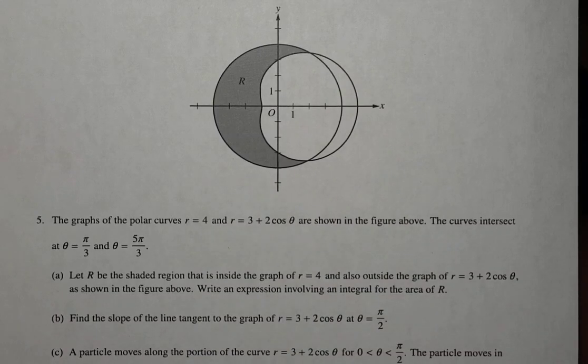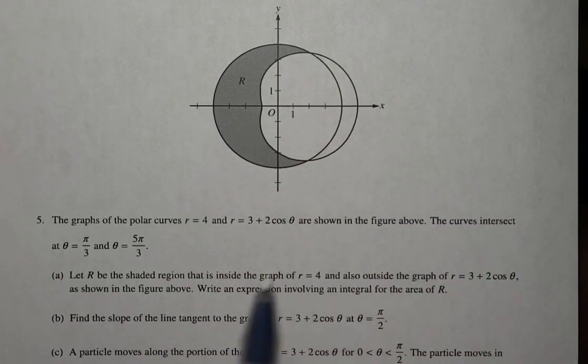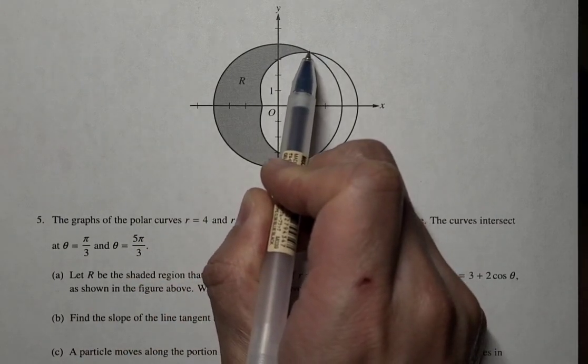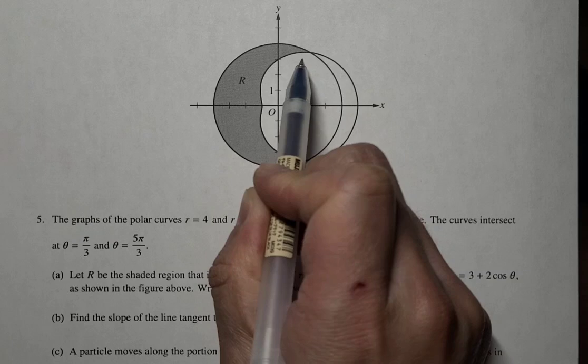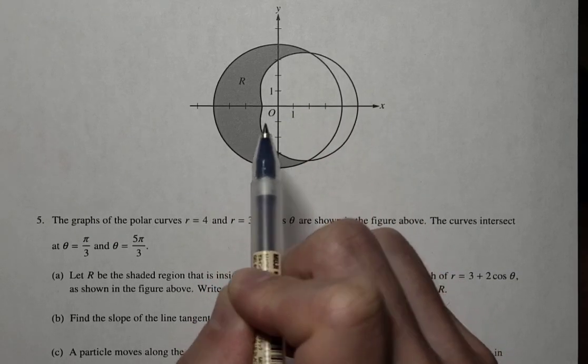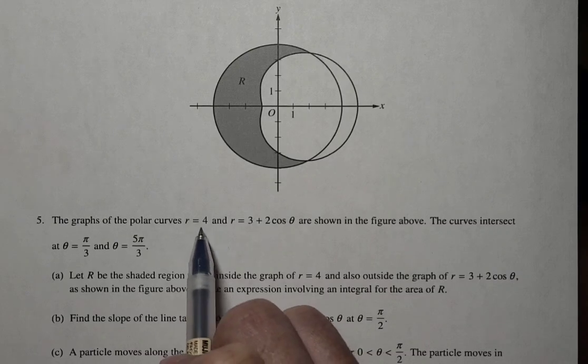So the area of the circular region from pi over 3 to 5 pi over 3 would include over here. So it'll be half integral of r squared d theta, where r would be this one.